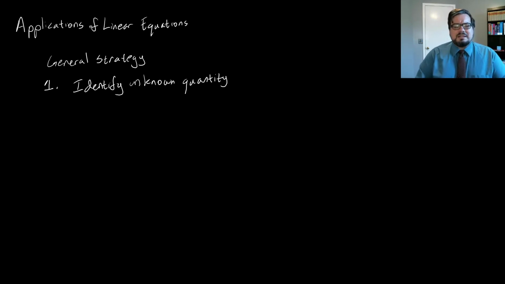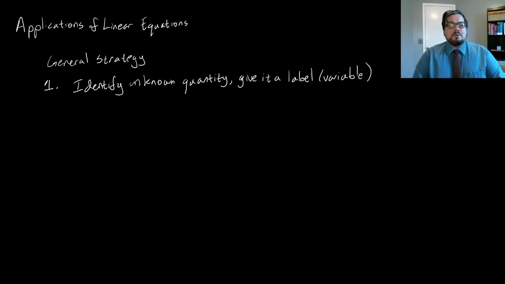And so we want to identify the unknown quantity and give it a label. Now that label will be a variable because it is as yet an unknown quantity. Now we want to be very precise about what our unknown quantity is, and we'll see why in a second. We'll see how in our examples.